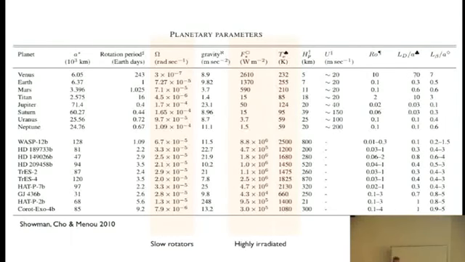And so we can look at this in a bit more detail, if you will, through this table. This is a little bit of an old table from half a decade ago now, from a review, and it's basically comparing some of these key numbers for solar system planets and a number of extrasolar planets, mostly hot Jupiters.